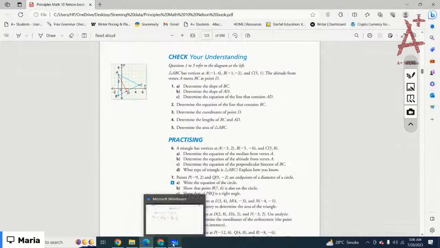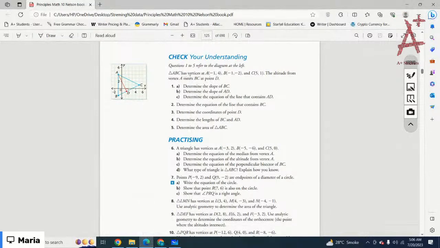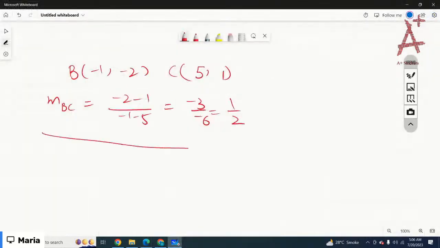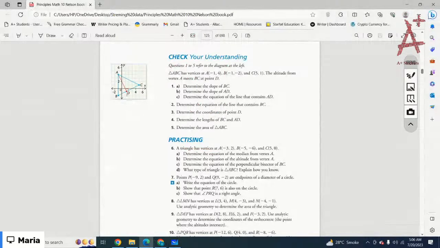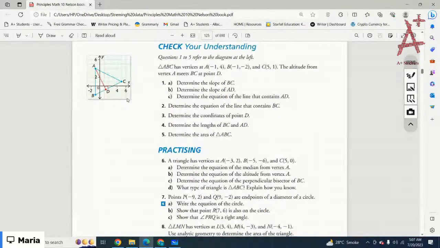Okay, A and D. A is (-1, 4), and here is D. We have to look for the coordinates of D. I think it is (2, -1).